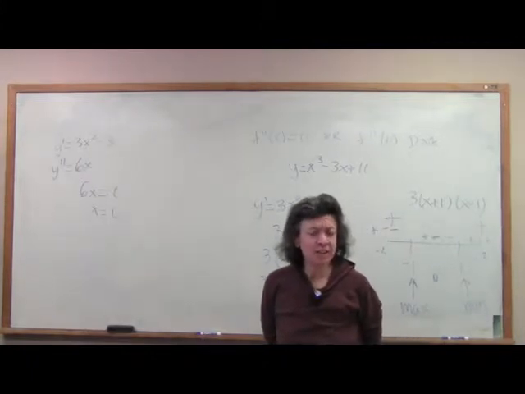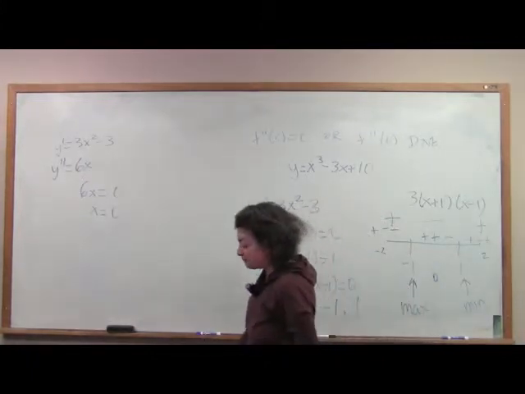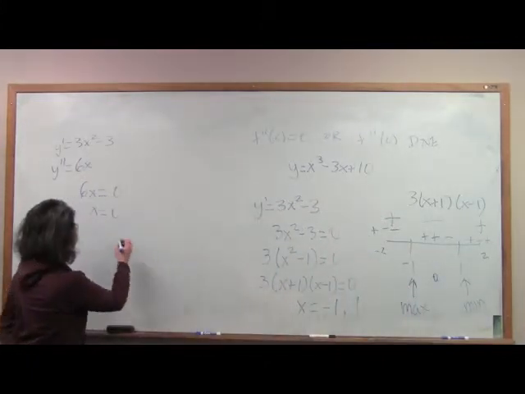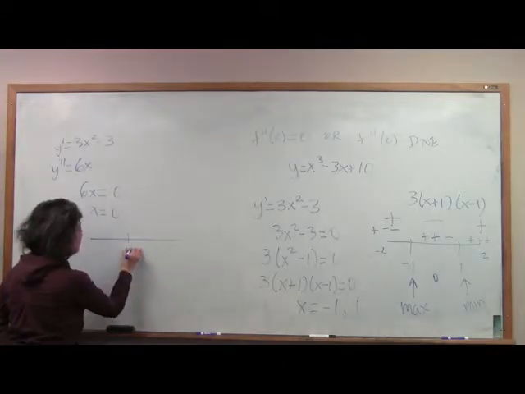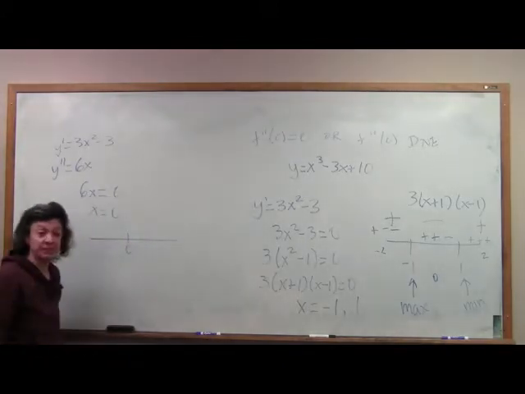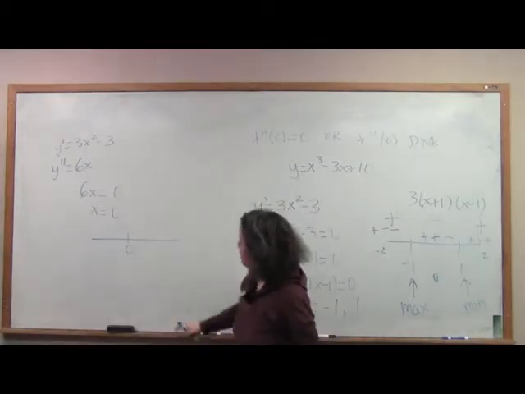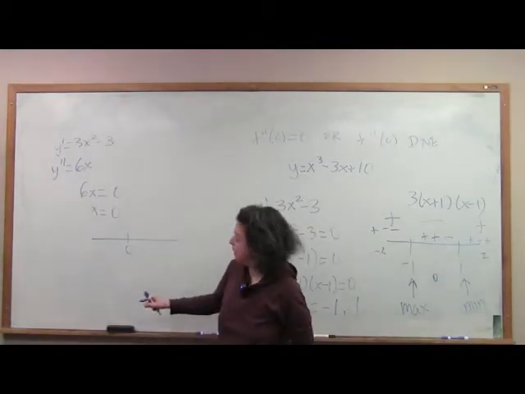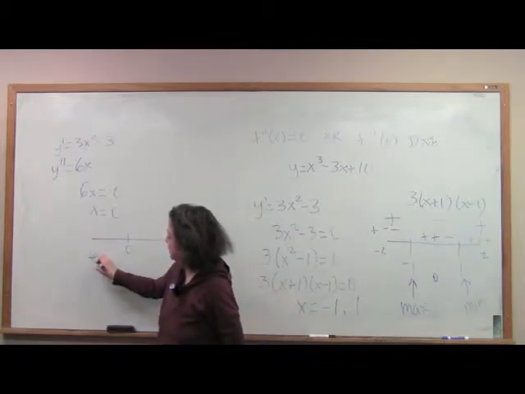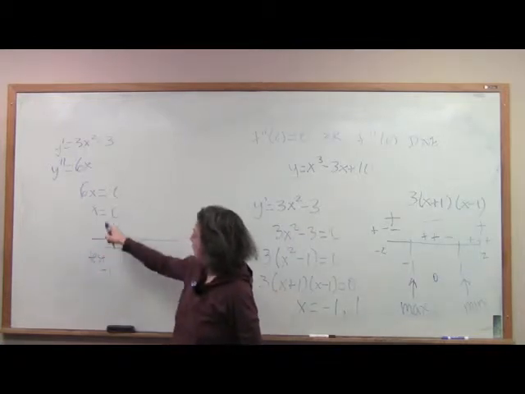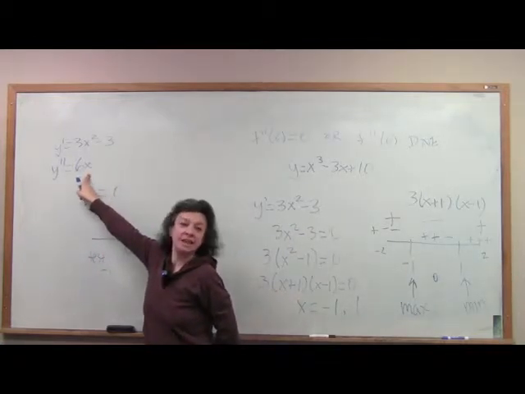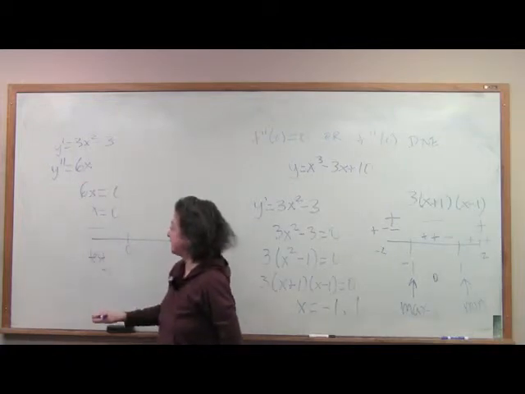Now what I want to know is, does it actually change concavity? Well, how would we do that? We would do the exact same thing we did with our first derivative test over here. Okay? What does that mean? You take a test point in each interval and you plug it into your second derivative. Well, I think you'll grant me if I take -1 and plug it in here, it's negative.